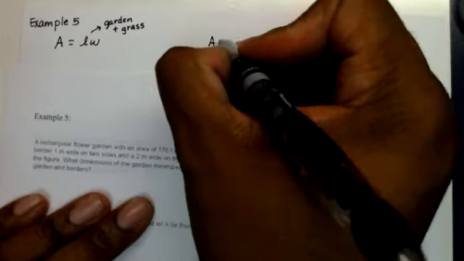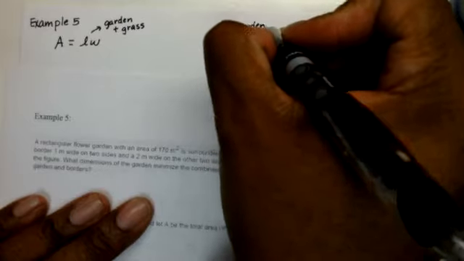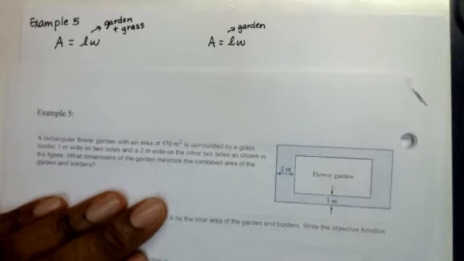Now let's look at this one right here, the flower garden. That too is just going to be the area equals the length times the width. This is the area of just the garden itself. And we are told that the rectangular flower garden has an area of 170 square meters.